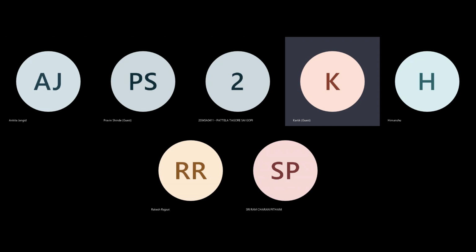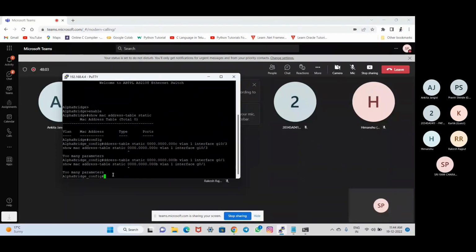So what was the mistake before? I typed GI. GI and 0/, see, Gigabit Ethernet is the full form. But when I write G 0/1, it's okay. With GI it was showing unknown command.